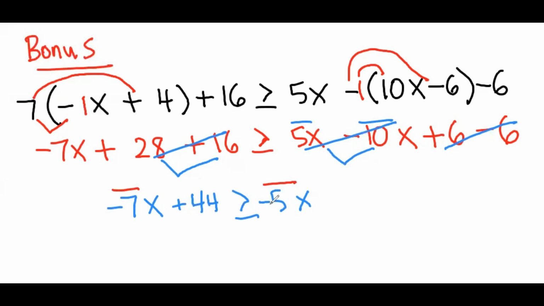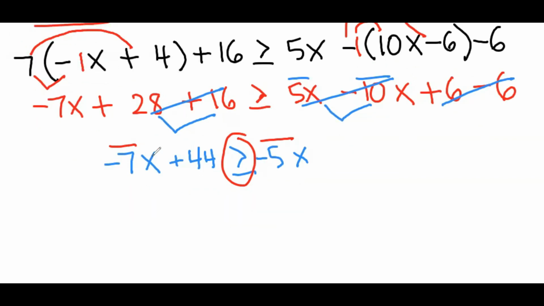When you have this negative 5x that's right next to the sign here, we don't move this like term. We're going to move this like term. It doesn't matter if it's lower or higher or any of that. That's the only time this rule is a little bit different, okay? So this negative 7x, we're going to change it to the opposite of what it is, and that's going to be a positive 7x. Move it on this side, make that a positive 7x.